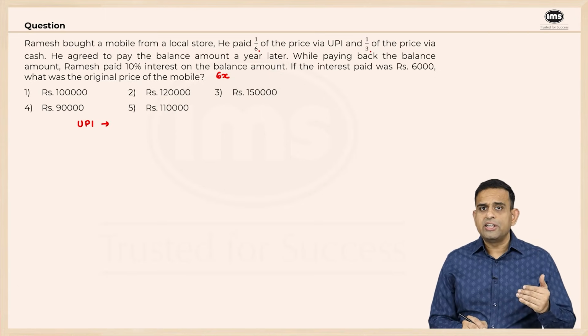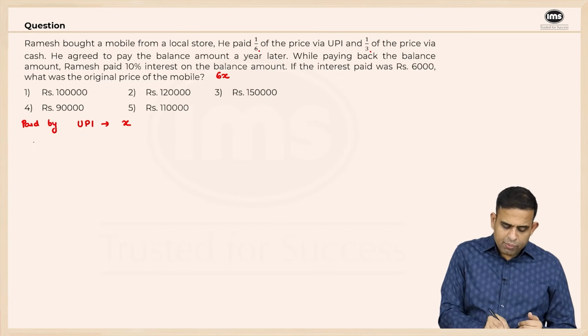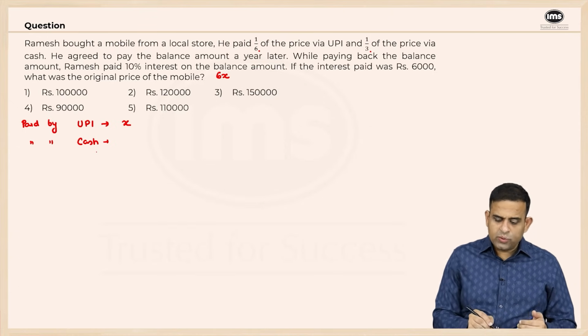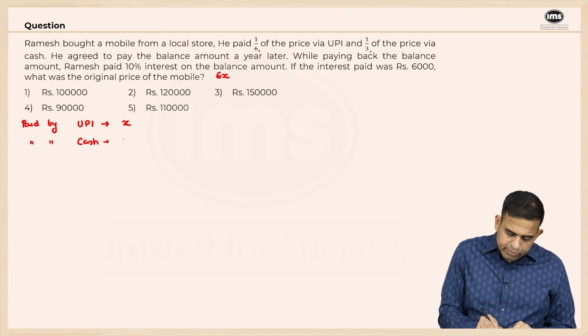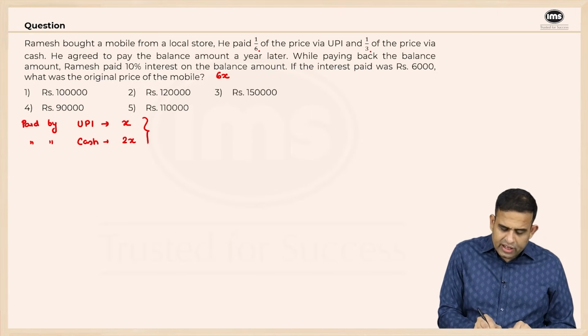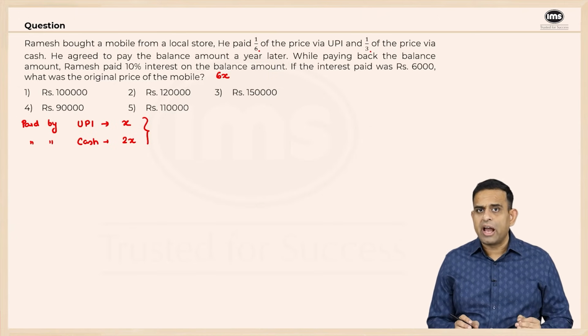It must be 1/6 of 6x giving you x, paid by UPI. Then how much was paid by cash? 1/3 of the number 6x giving you the number 2x. So in a way, half of the amount has been paid with the help of UPI and cash mode.